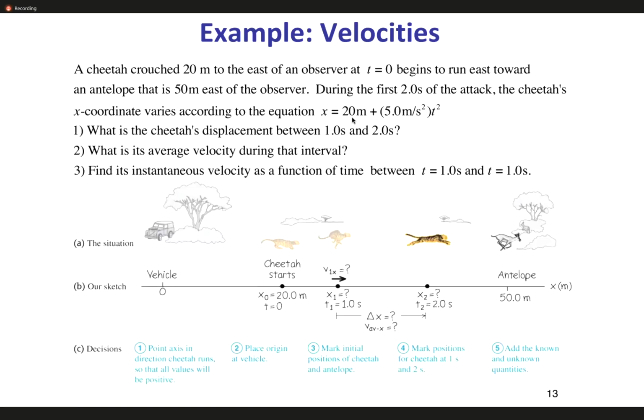And once you take the derivative with respect to time, you plug in your time of 1 second, and that's going to get you your instantaneous velocity at a time of 1 second. For how to do the derivative, that's going to be in the resource that I'll post today or tomorrow. Does that help clarify it?